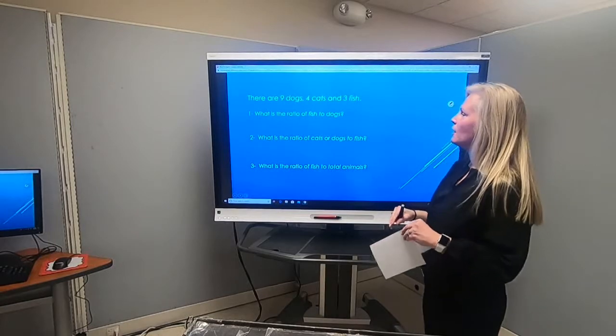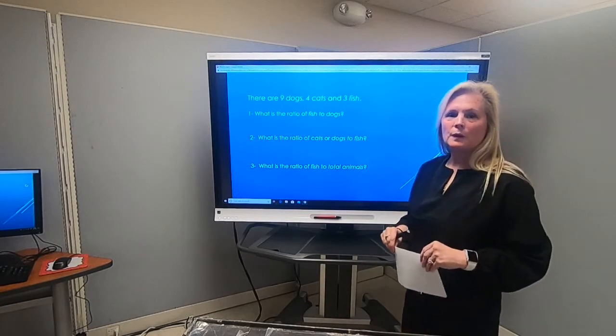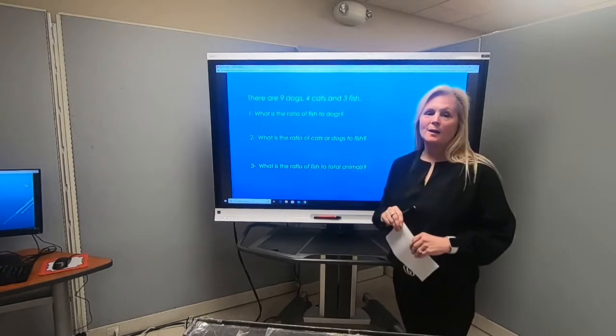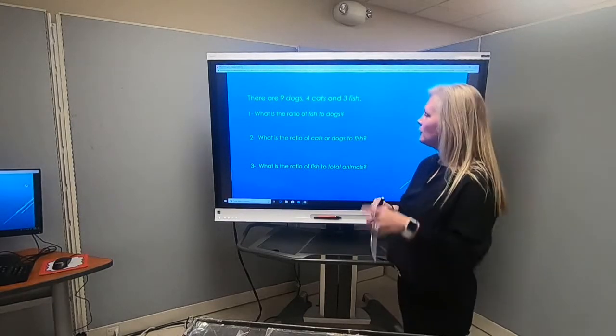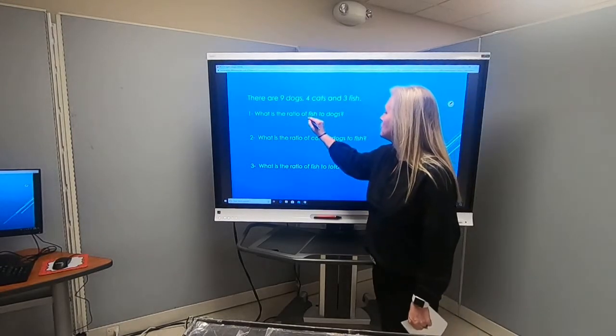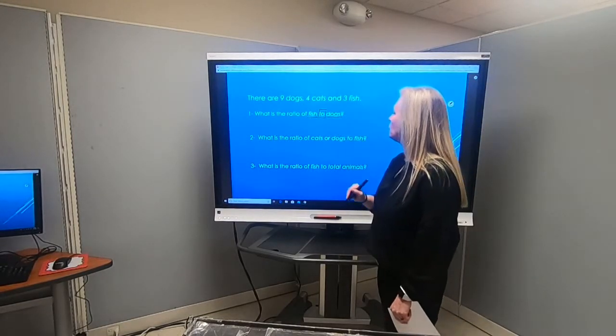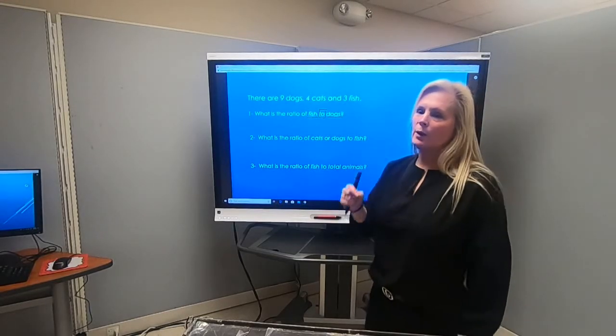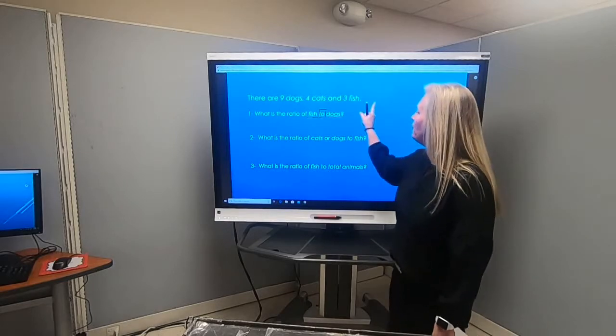Okay, let's go to our next example. There are 9 dogs, 4 cats, and 3 fish. First question says, what is the ratio of fish to dogs? So let's go ahead and underline and box in that word to, because remember that to tells us that there's a ratio. Okay, so we're going to look up in our information.